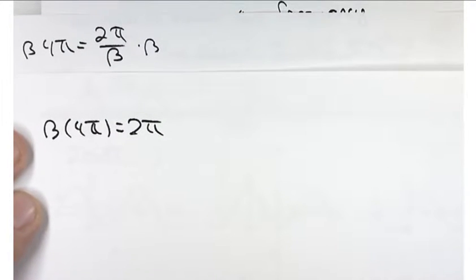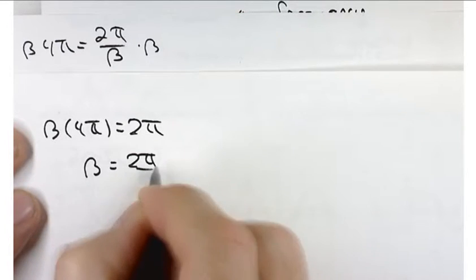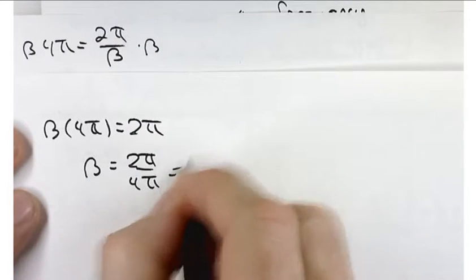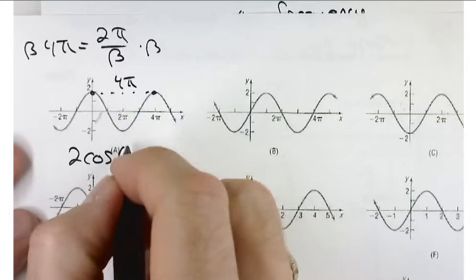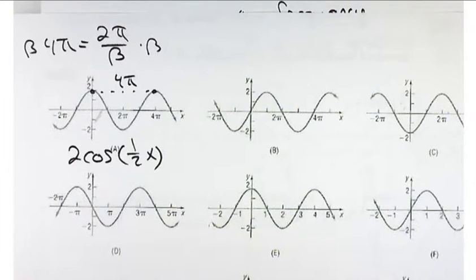Now we're interested in solving for b, so I'll divide both sides by 4 pi. What's 2 pi divided by 4 pi? 1/2. So this is 2 cosine of 1/2 x. Which one does that line up with? 23? All right. My apologies, I did one of your homeworks. It's all right.